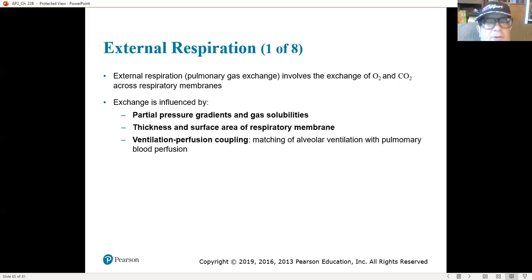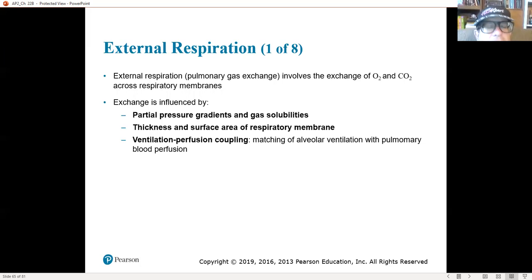So external respiration, I already told you, is exchange of gas across the alveolar wall to the blood. We're trying to load the blood with oxygen and take carbon dioxide away. And what affects how we can do this? Partial pressure gradients and gas solubilities. That's one thing. The thickness and the surface of the respiratory membrane.